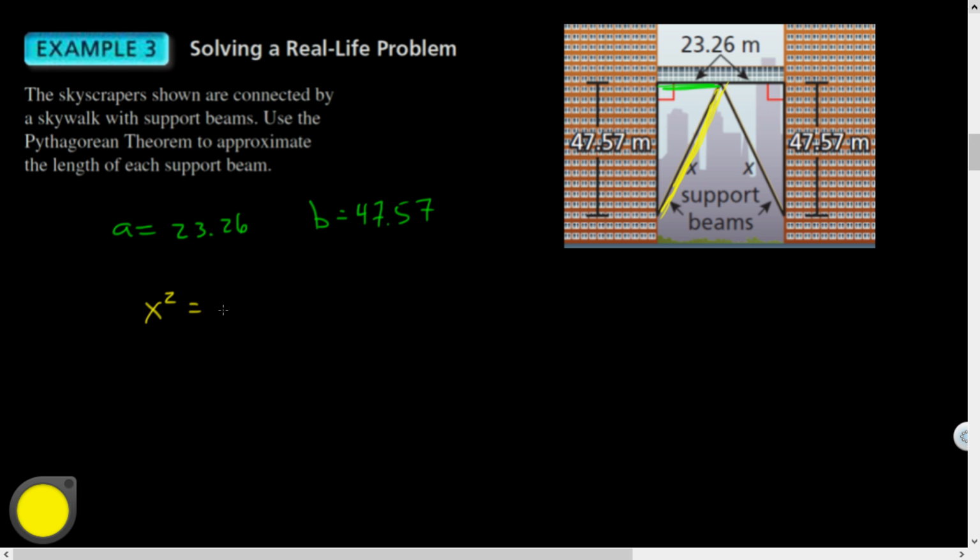You guys know how this goes. X squared is equal to a squared, right, Lauren? Plus b squared. And so that's definitely some calculator numbers there.